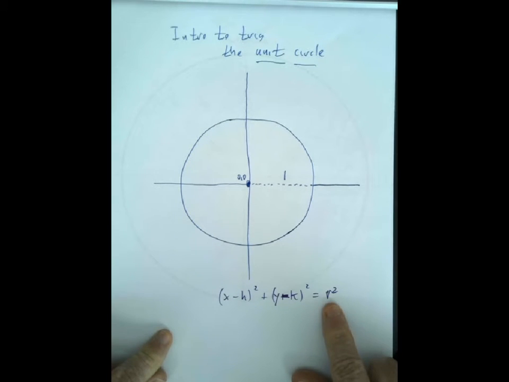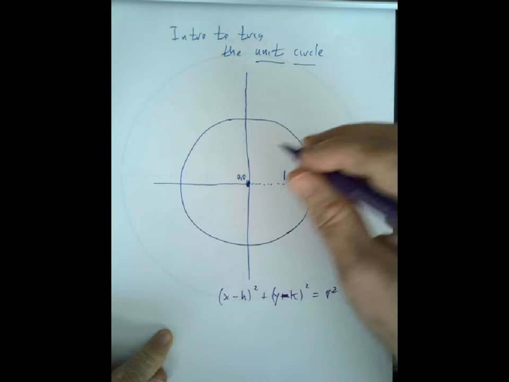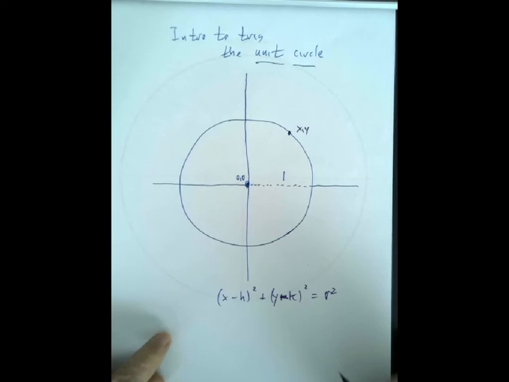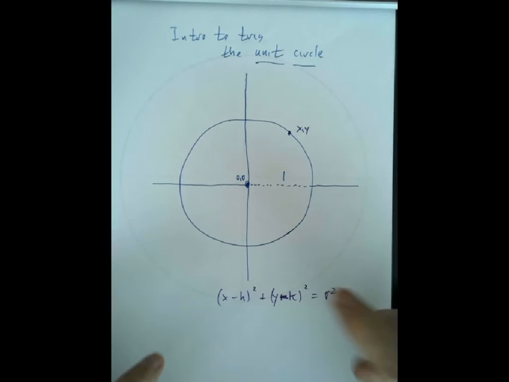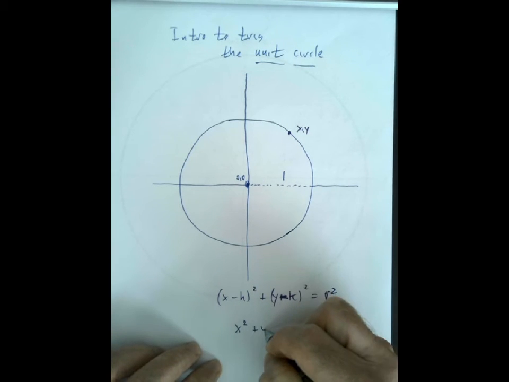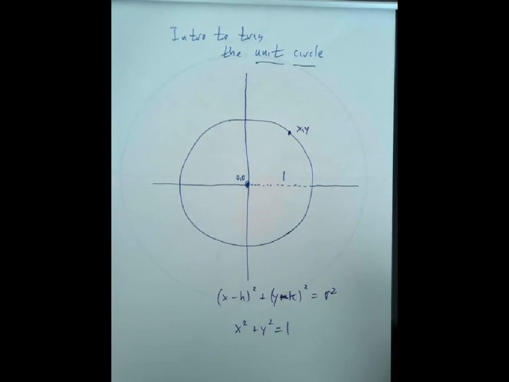R was the radius, so this is r squared. So for us, the radius is going to be 1. And x and y was a point on the circle somewhere. Now since the center of the circle is at 0, 0, and the radius is 1, the equation for our unit circle simply boils down to this very important equation, x squared plus y squared equals 1.